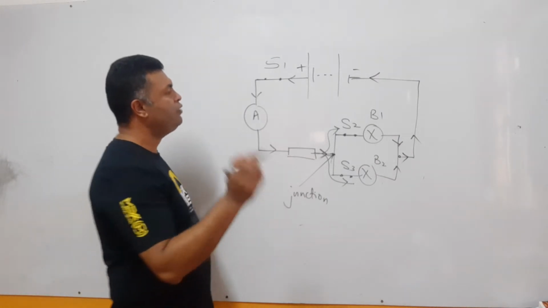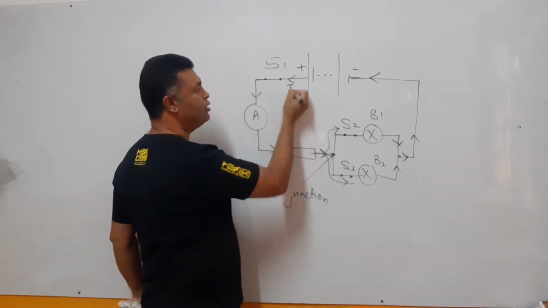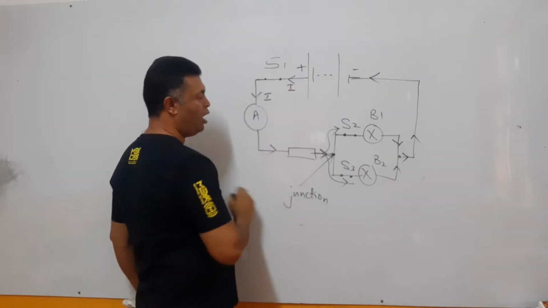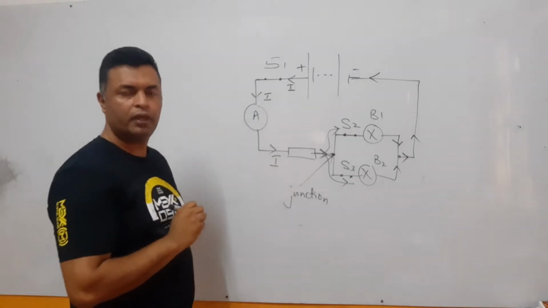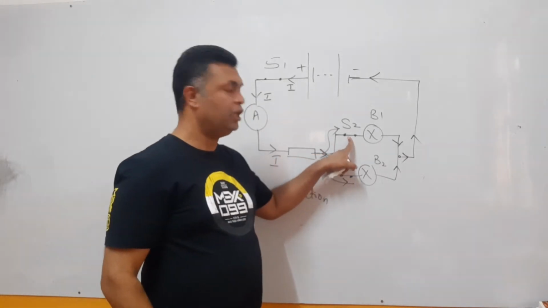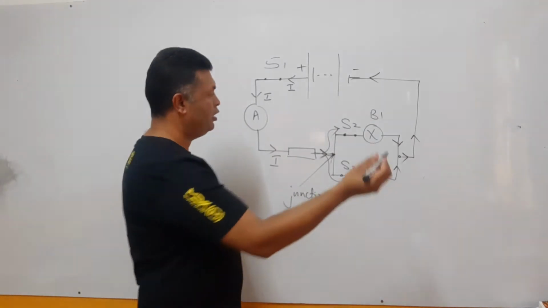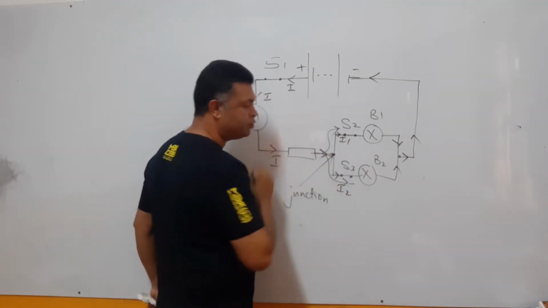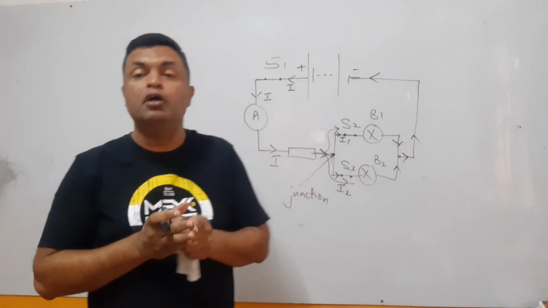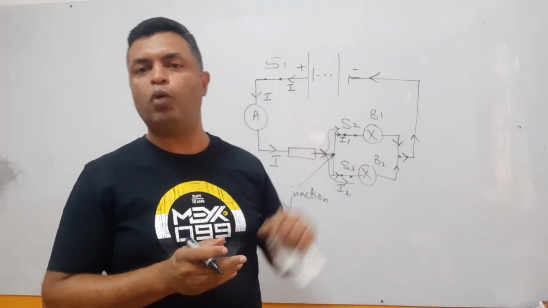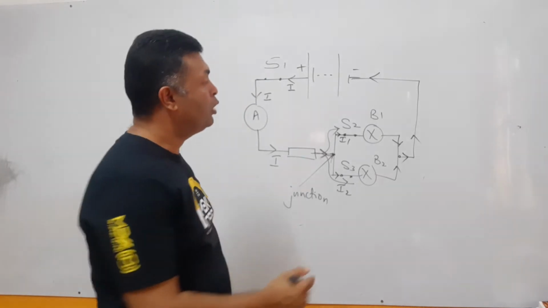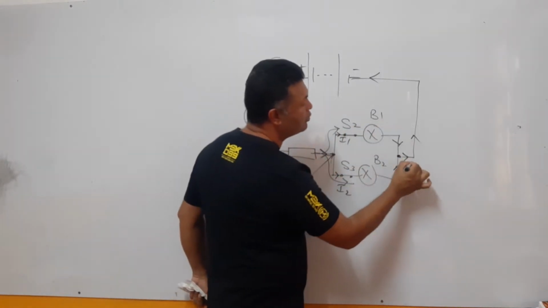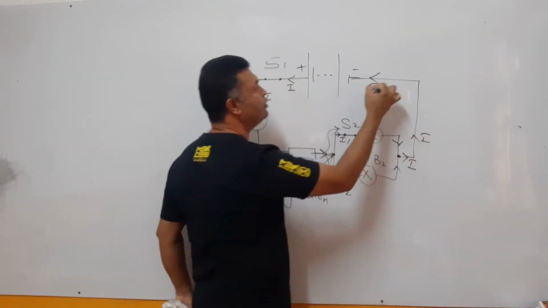Let's say if I have a current I here, also it will be I here, also I. But here it will not be I. Let's say it is I1, this one is I2. Because at the junction, some current passes through B1, some through B2. But when they join here, it becomes I again.